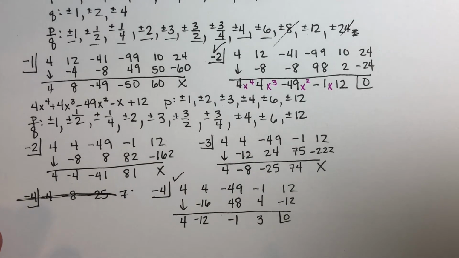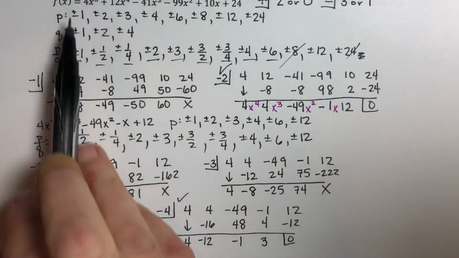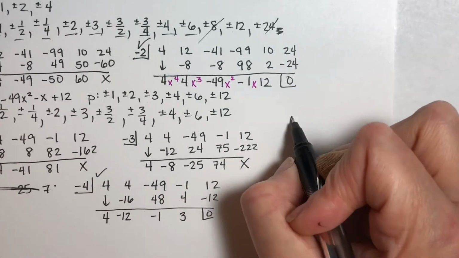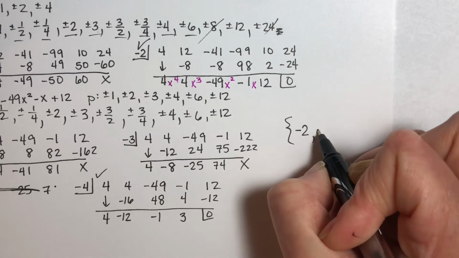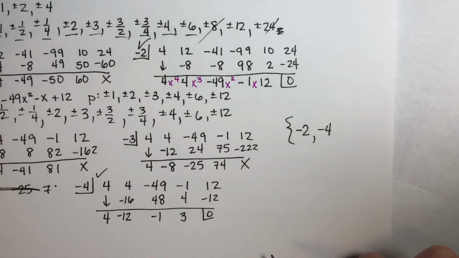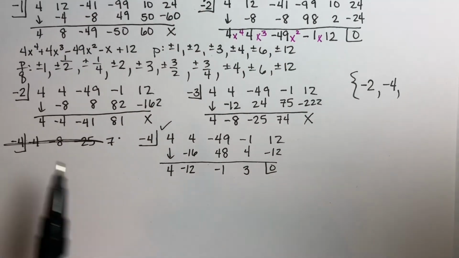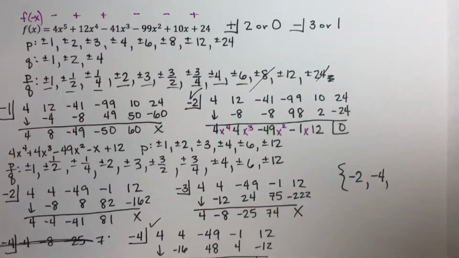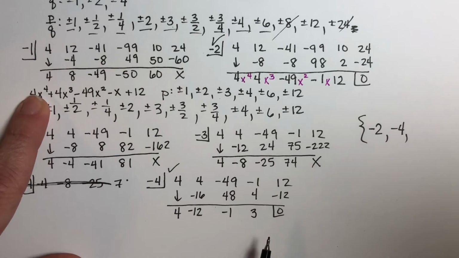I now have how many of them? I have 2 of my 5. So far, I know one solution is a -2, and I know -4 is another solution. Okay, now I need the rest. So I had a 5th power. When I found one solution, it dropped down to a 4th power.